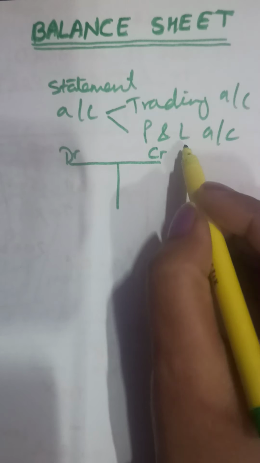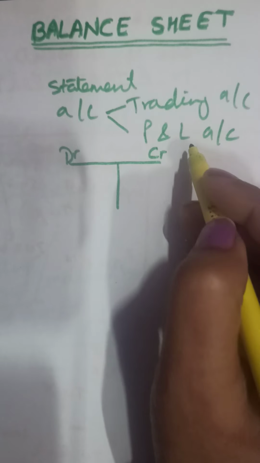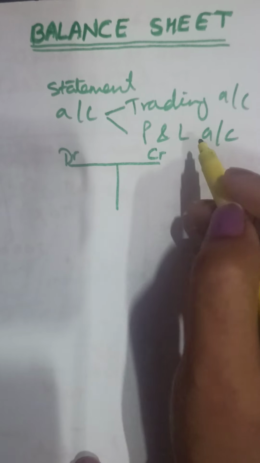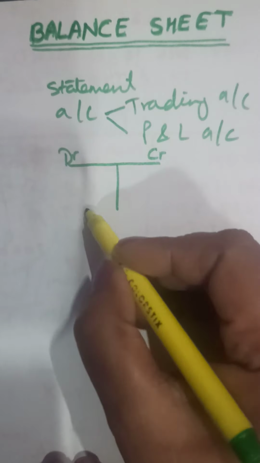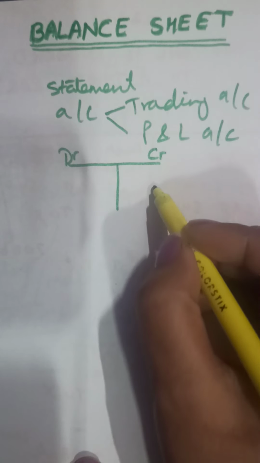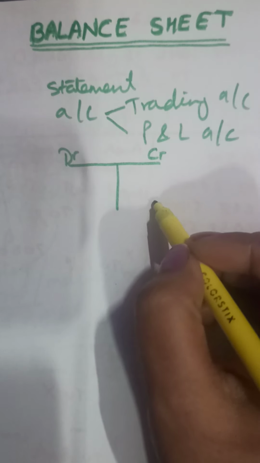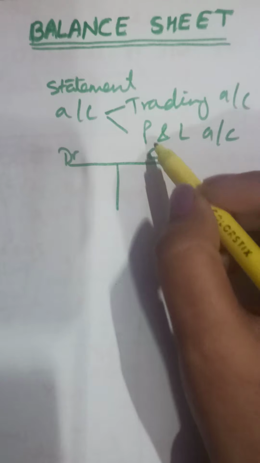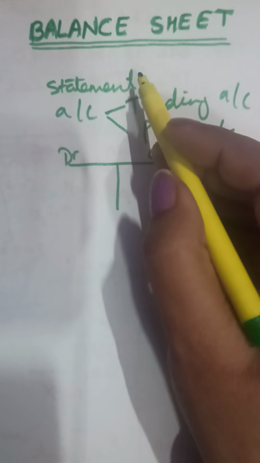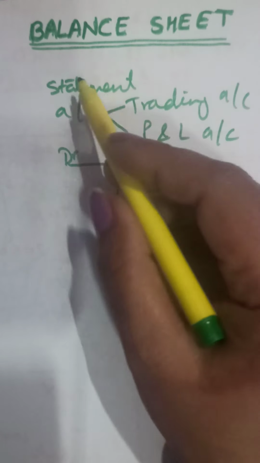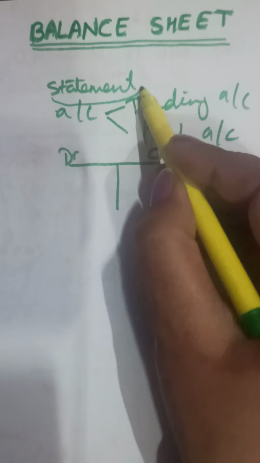Both these statements or both these accounts are nominal in nature, means expenses on the debit and incomes on the credit side. But now we are moving to next step, one step ahead, that is not an account but a statement. Why a statement?